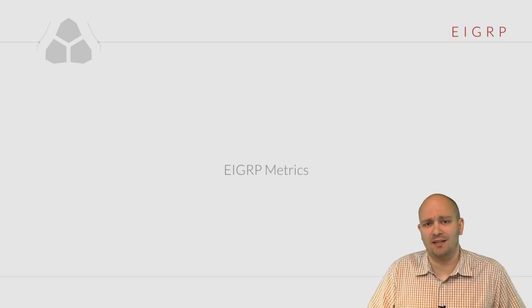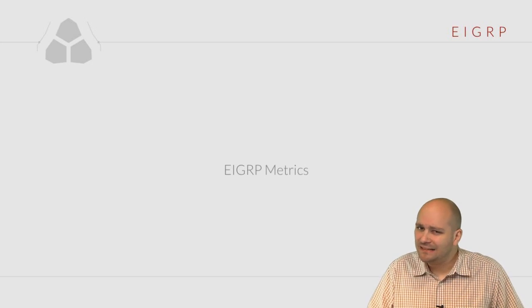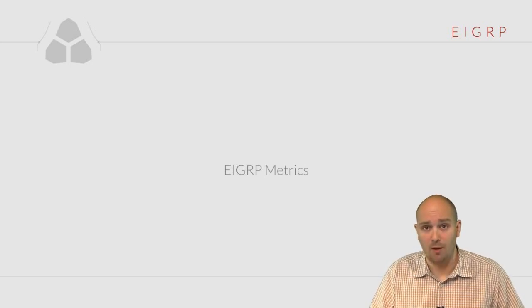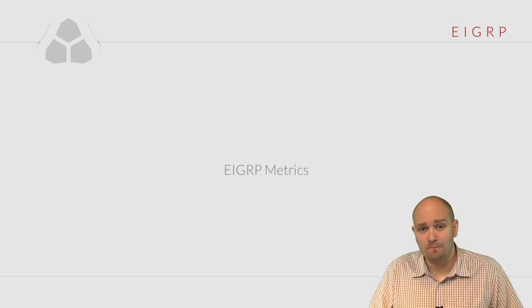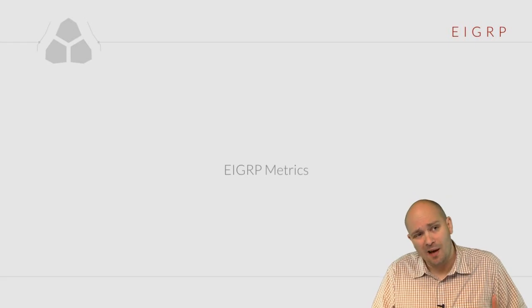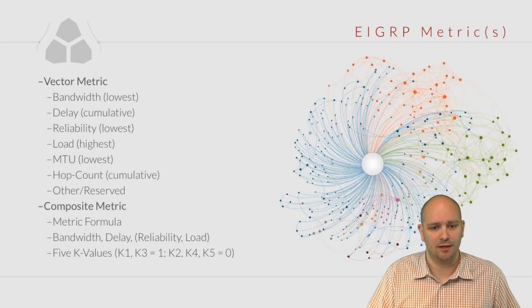The first thing that you are going to hear is people talking about the EIGRP metric. This is not necessarily correct. EIGRP has multiple metrics, and what makes up those multiple metrics is also a matter of debate. Allow me to explain that to some degree.